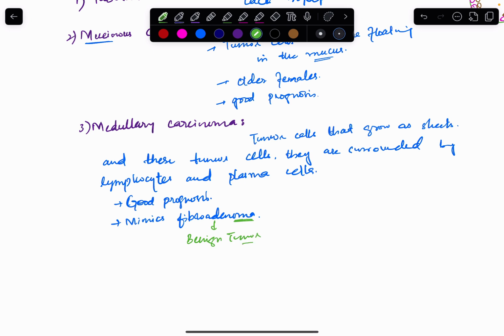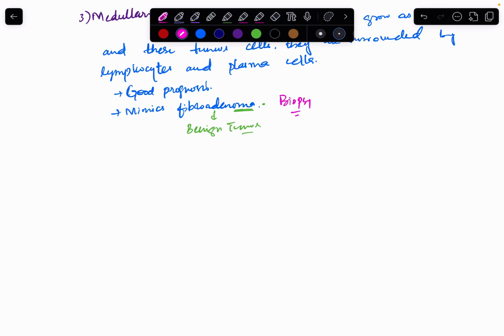So medullary carcinoma tumor cells can mimic fibroadenoma because they are well circumscribed like fibroadenoma, which is a benign tumor. So you can mistake it as fibroadenoma. So to distinguish fibroadenoma and medullary carcinoma, what you are going to do is a biopsy. You are going to do a biopsy to differentiate between medullary carcinoma and the fibroadenoma, which is a benign tumor.